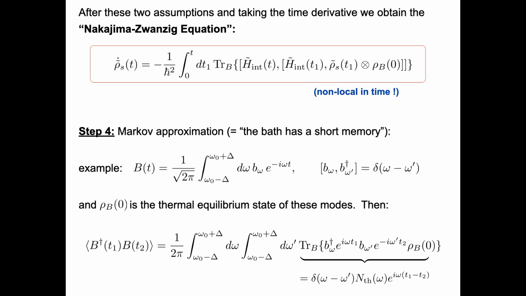You must be careful here: omega and omega prime will be the same, but what's left is e to the i omega (t1 minus t2). With this continuum approximation, if you write down a sum, it would be the expectation value of B_n dagger B_m with rho 0, over the trace of rho 0.